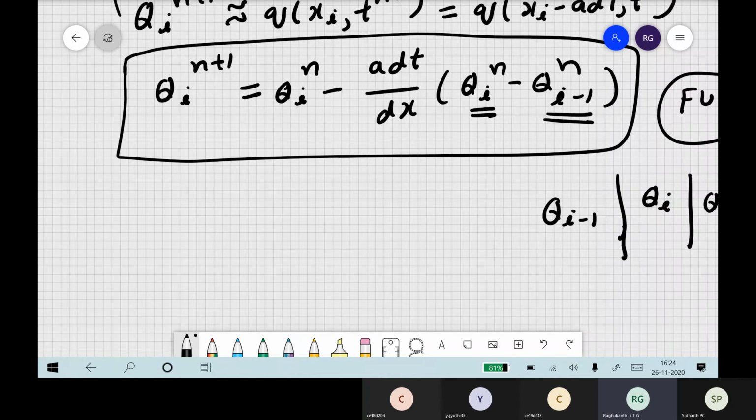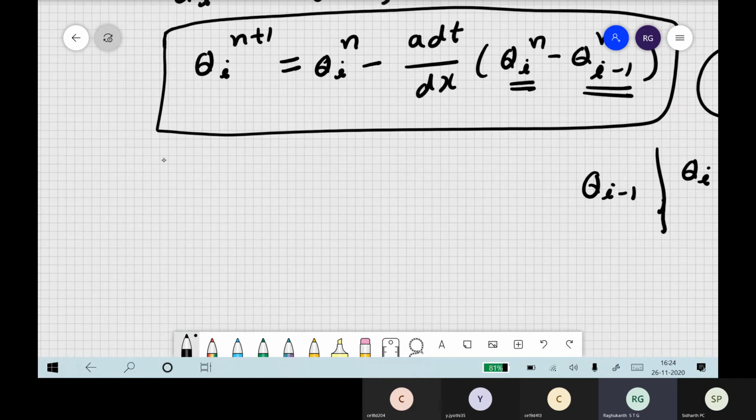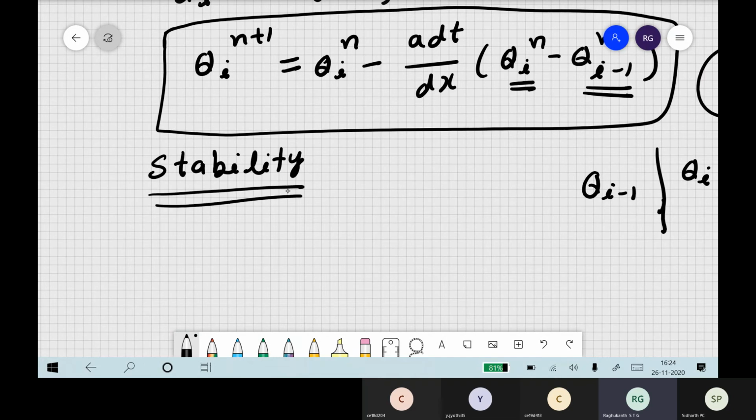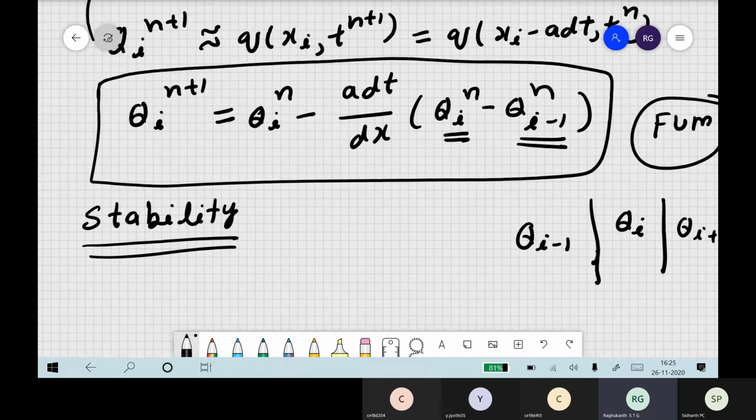Now another most important thing is the stability of the schemes. How do you check whether the scheme is stable or not? You look at this equation and tell me whether it is stable. What does stability depend on? Which one controls stability here? If you want a stable algorithm, which is the one which controls?